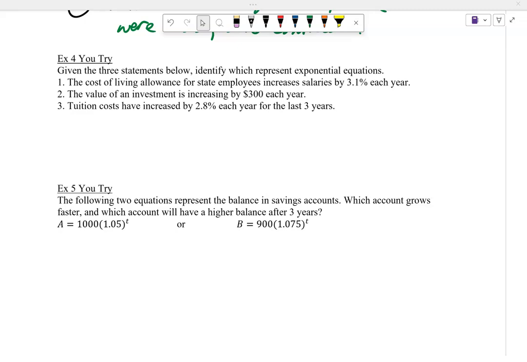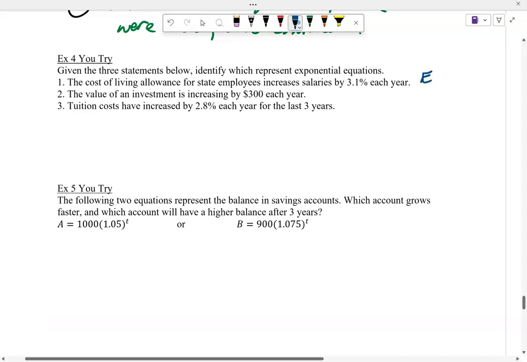So on this example, I want you to tell me, is it an exponential growth or decay, or is it just linear? Is it a fixed rate of change? So number one, cost of living allowance for state employees increases by 3.1% per year. What would that be?